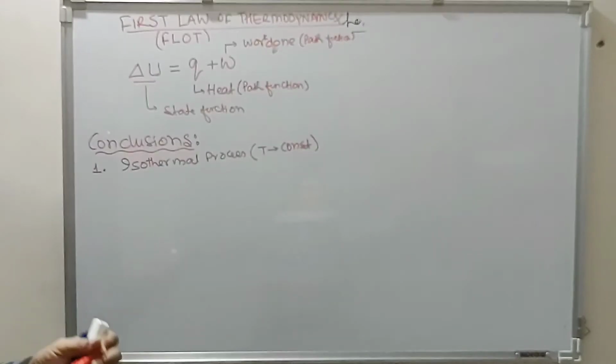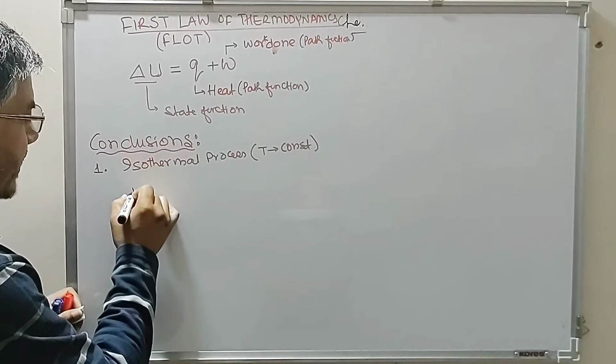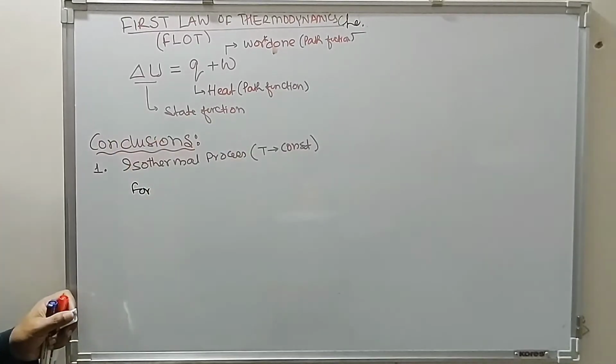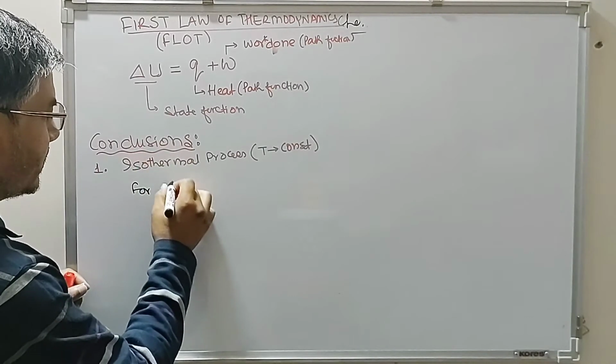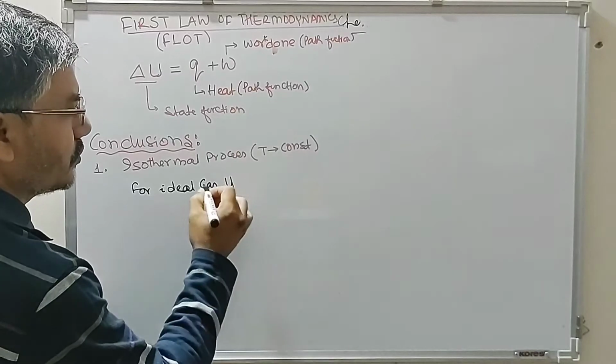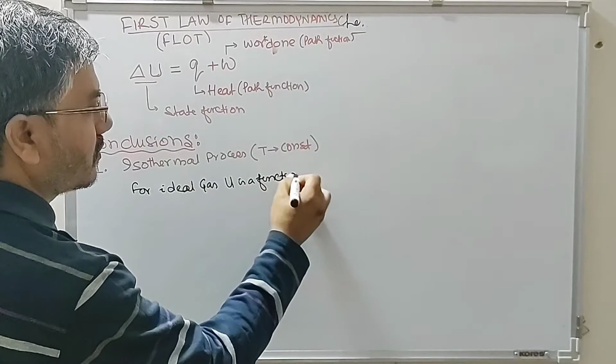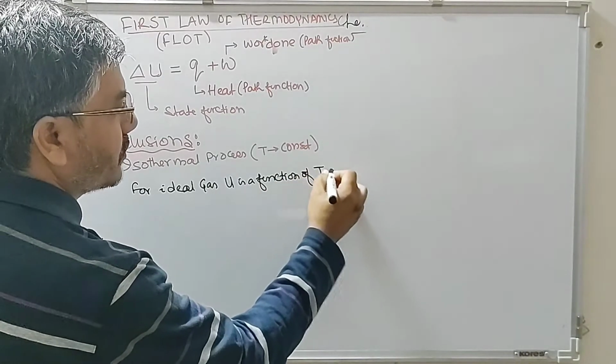Now we have this internal energy, for ideal gas, because we are going to deal with ideal gas, the system is containing ideal gas. So for ideal gas, this U is a function of temperature only.